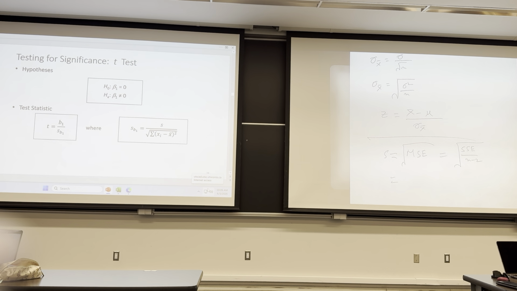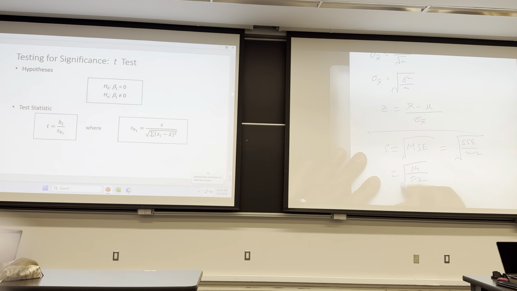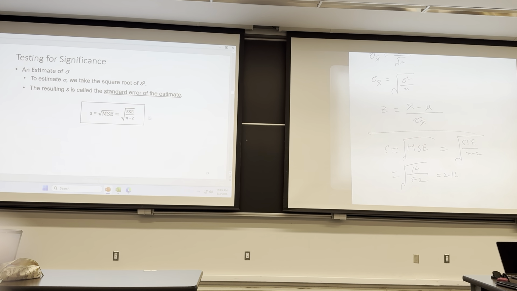How much was that? 14. So it was y minus y hat, and you square each of those values, so that is 14. N minus 2: there are 5 observations, 5 minus 2. So that is your denominator, n minus 2. This is going to give you 2.60. So you can put that number over here, 2.60.